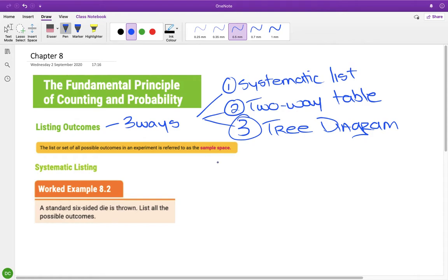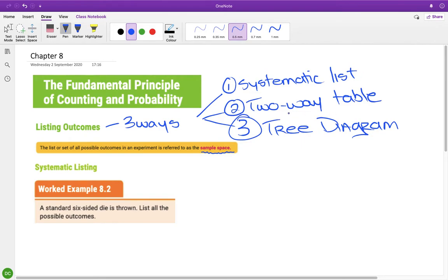Another important key word here, it's not really a word, I suppose it's a phrase, is sample space. A sample space is the name for the list of outcomes. So if you use systematic listing to create a list, the list you end up with is called a sample space.